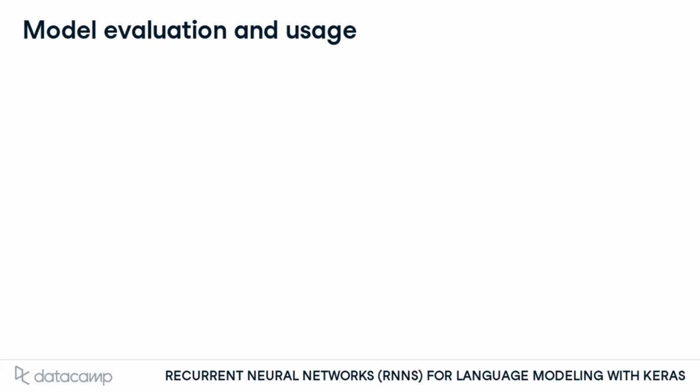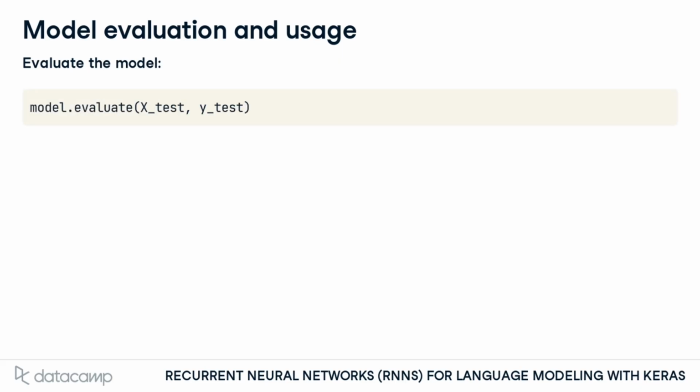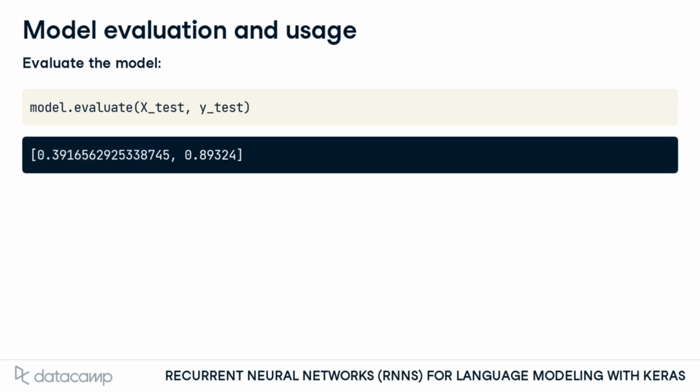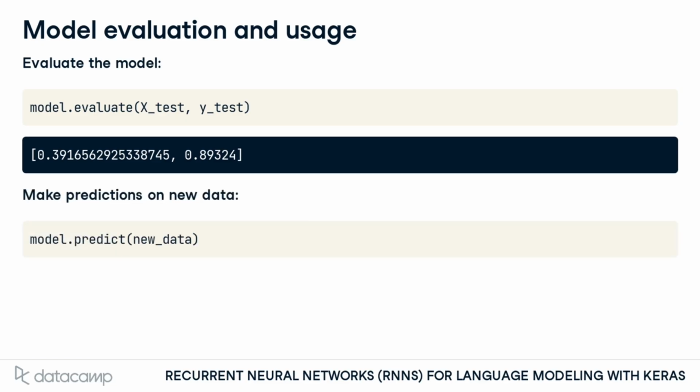To analyze the model's performance, we can use the method evaluate as model.evaluate(x_test, y_test). This method returns the loss and accuracy values. To use the model on new data, use the method predict as model.predict(new_data).